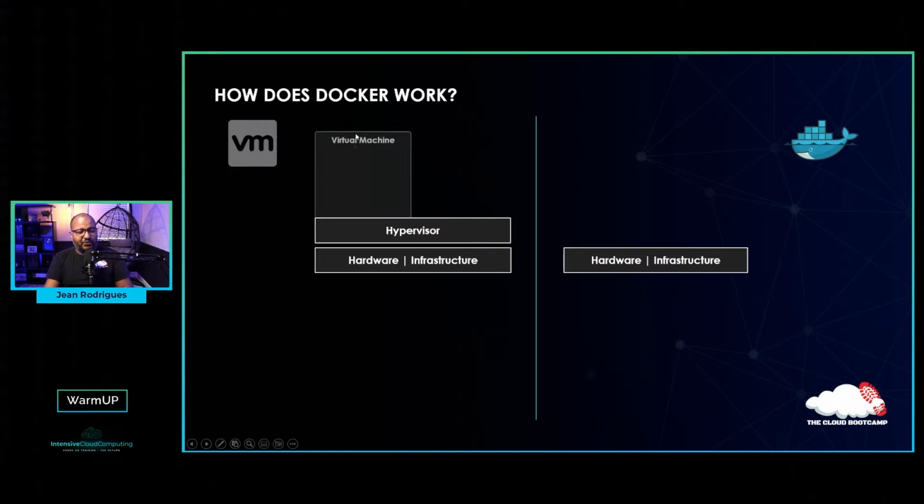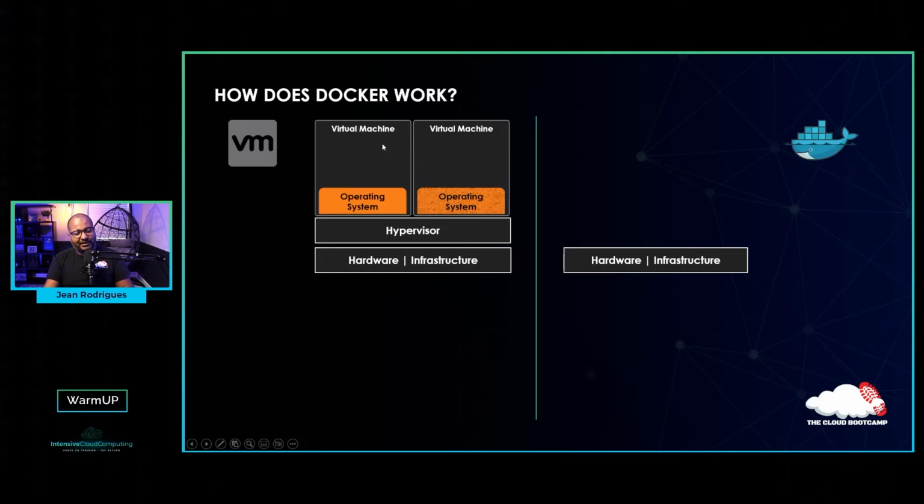And then on top of that, you have the virtual machine, which is basically where you have the operating system. And then on top of that, you have the application that is deployed using the libraries and the dependencies that are needed, right? So that is how the virtual machine works.